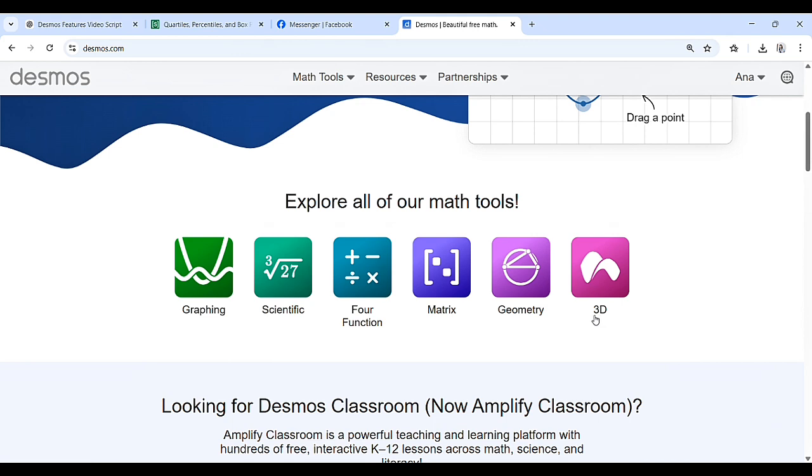So let's start simple. If you need quick calculations, we can use the four-function calculator.